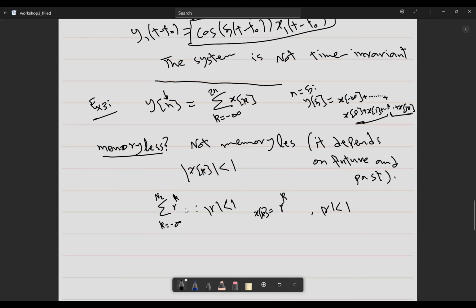When I say it converges, it means that this summation will be less than infinity. It will be bounded. So you cannot tell in general if this system will be stable or not, depending on the xk. It can be stable and it can be not stable.